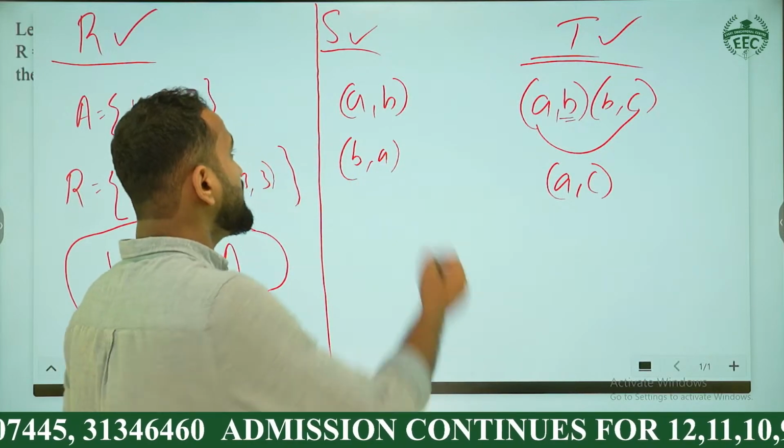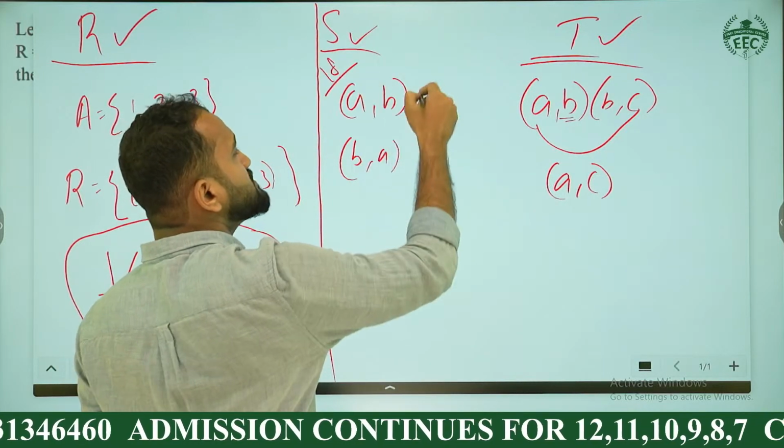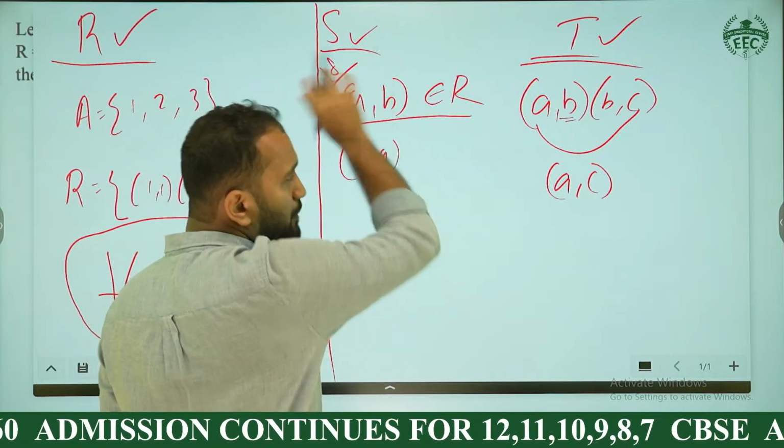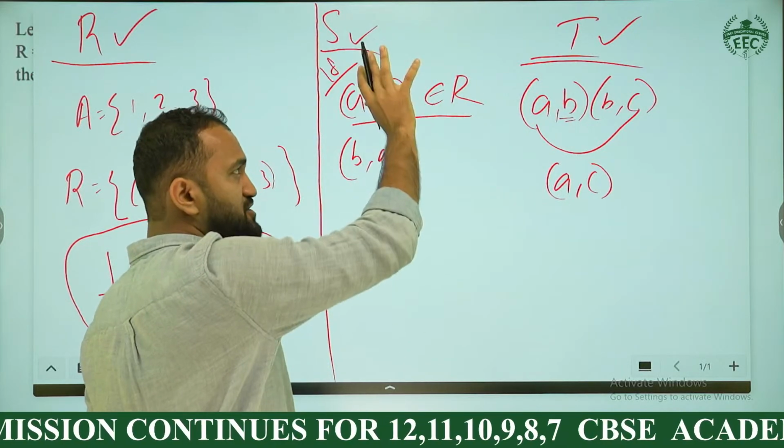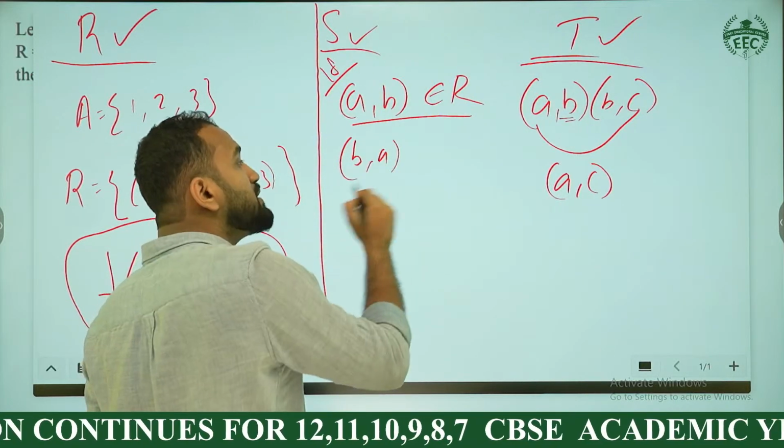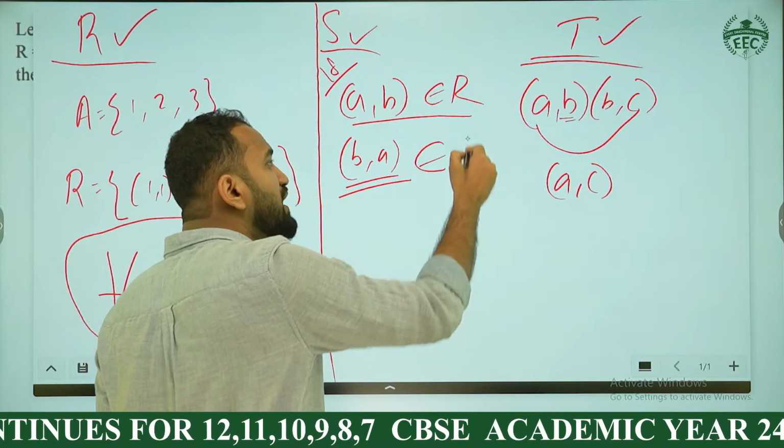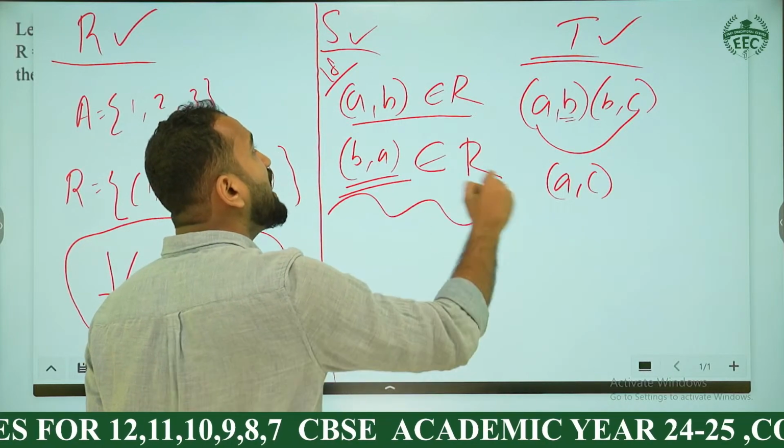I repeat, if A comma B is a pair in the relation, if this element is there in the relation, then the symmetric pair, that is B comma A, should also be there in the relation, for calling the relation symmetric.